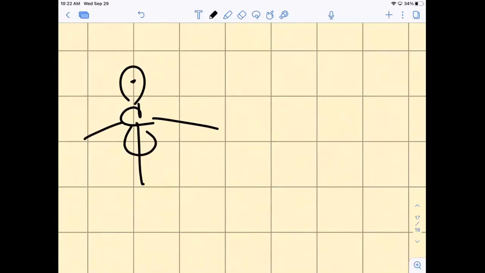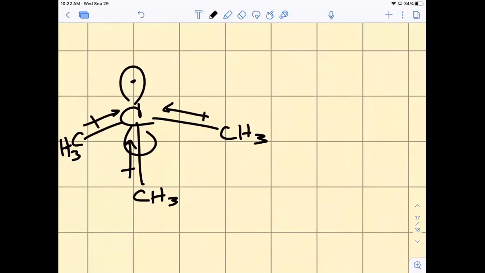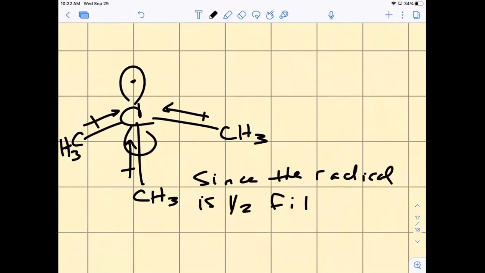So it's looking for some electron density to complete that half-filled shell, and so now you want electrons going that way. Since it's half filled, the orbital can accept more electrons.